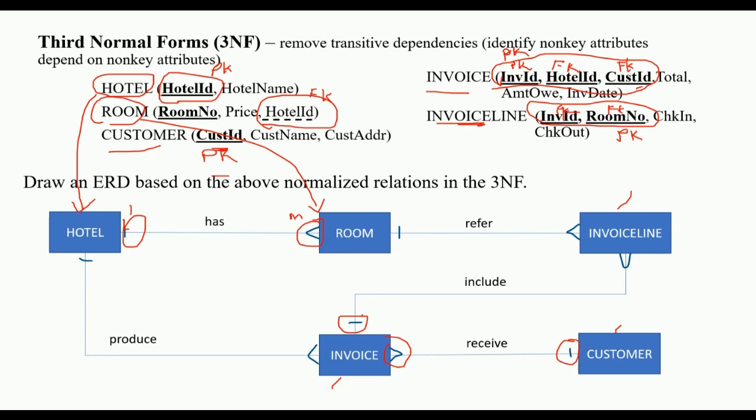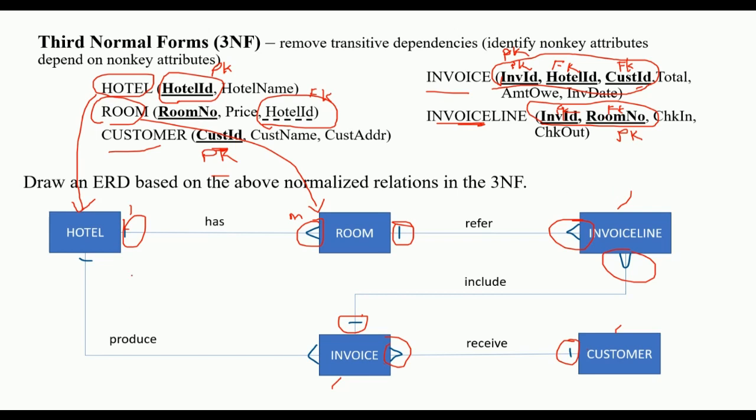So here actually it is a foreign key, but the primary key is the composite key, combining both, right? So that's why we have here one, and this is many, and this is also one, and this is many. So that's how we draw it.